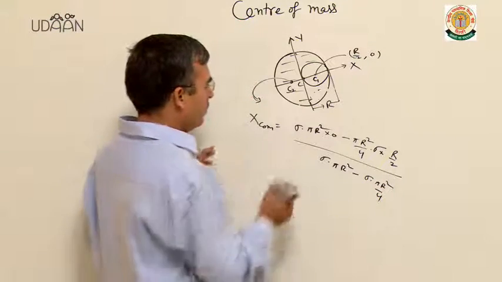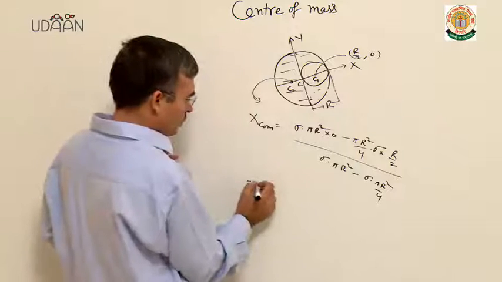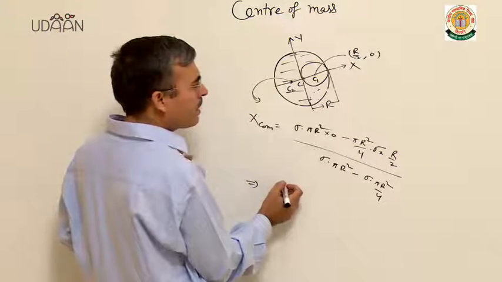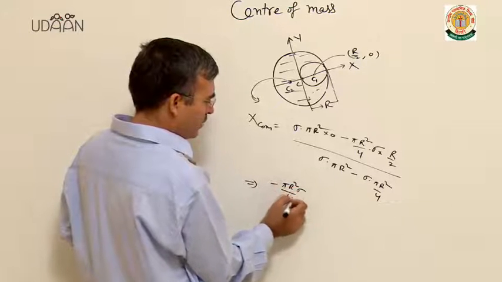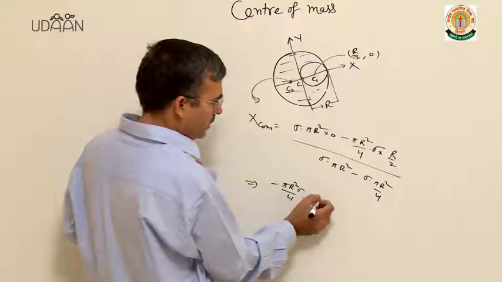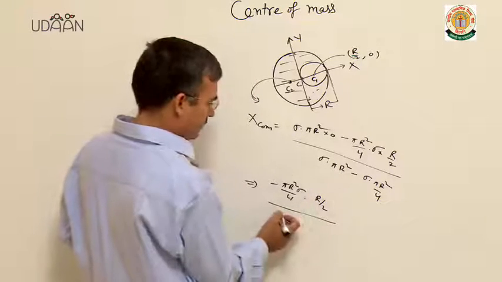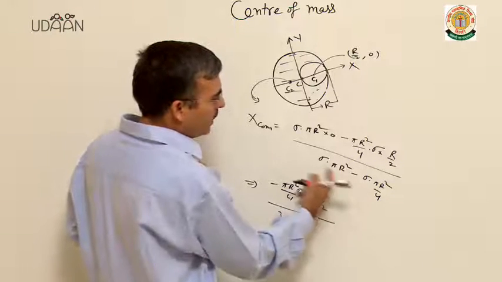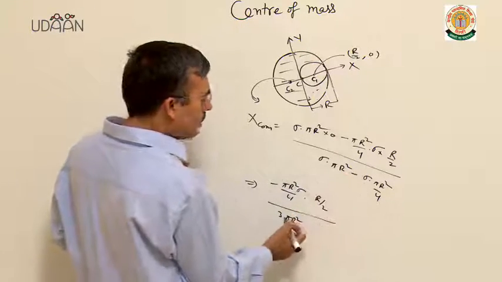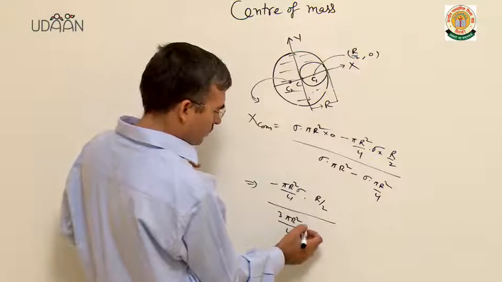r square by 4. If you calculate it, you will find minus pi r square sigma by 4 into r by 2 divided by 3 pi r square divided by 4 into sigma.